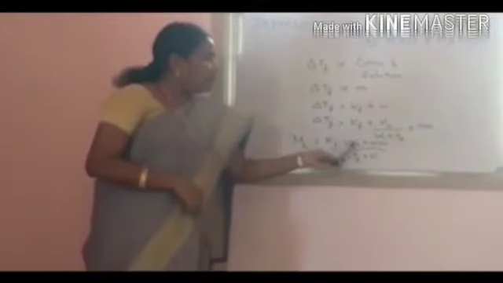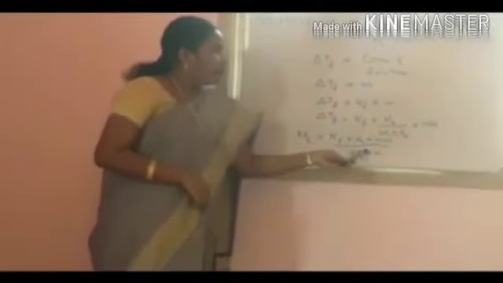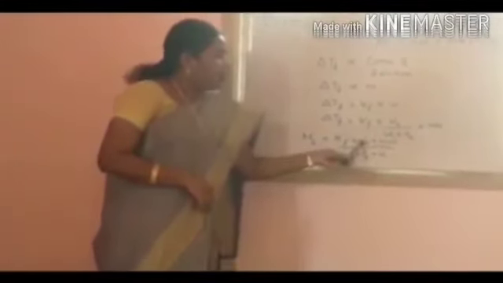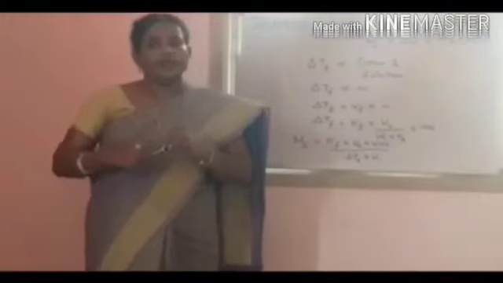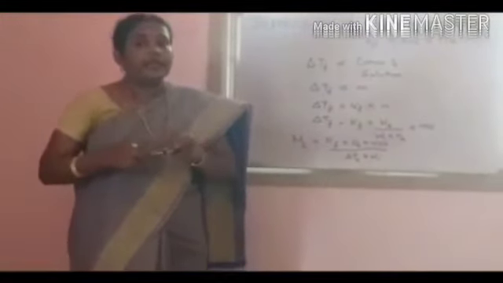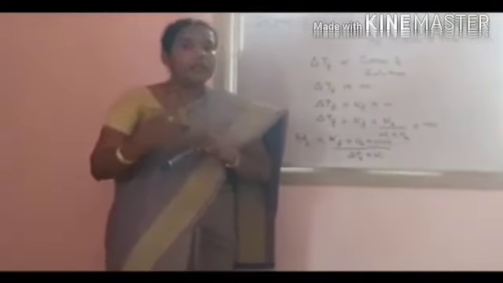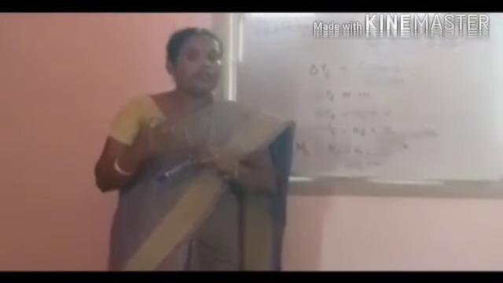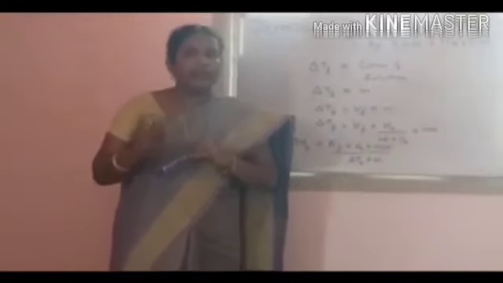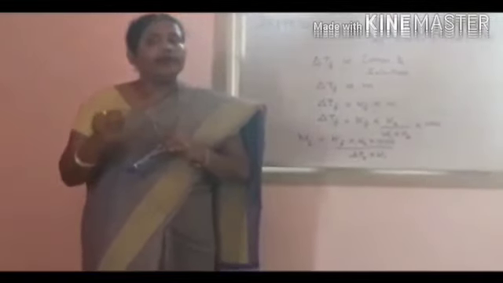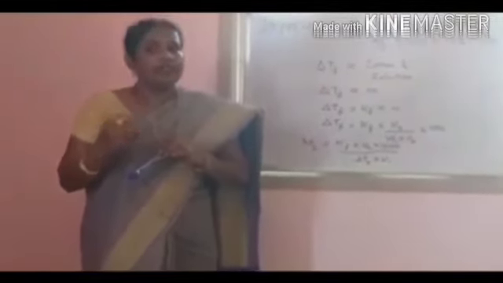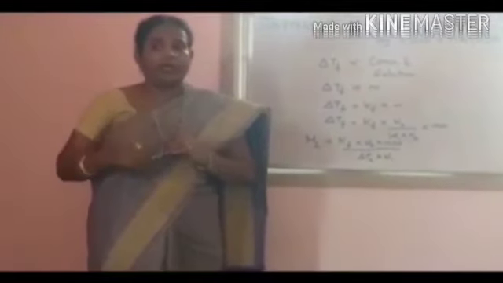W1 is the weight of the pure solvent and W2 is the weight of the solute, for which the molecular weight is to be determined. From this equation, we understand the higher the value of Kf, the larger will be the delta Tf. With a larger delta Tf value, one can find the molecular weight of the substance under consideration more accurately.